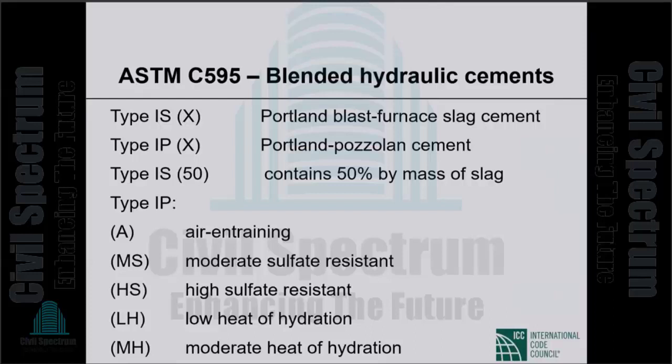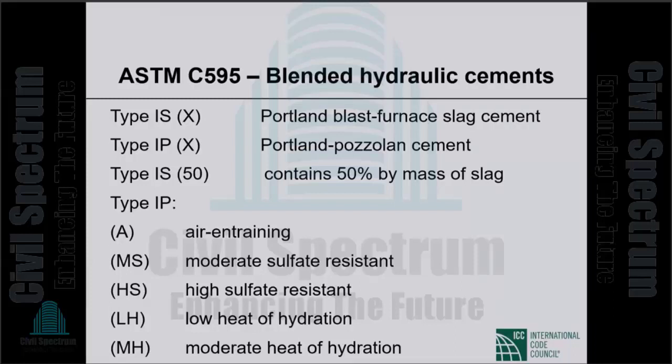The blended cements C595, that is type 1S, which is Portland blast furnace slag cement, and type 1P, Portland pozzolan cement. If you have 1S(50), that means the blended cement contains 50% slag by mass.